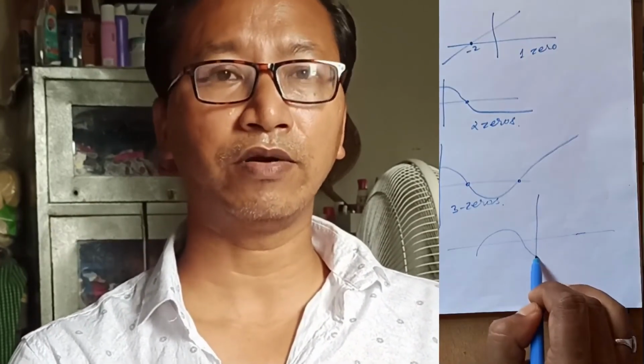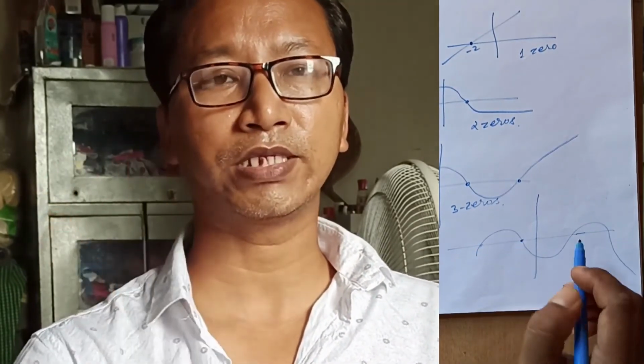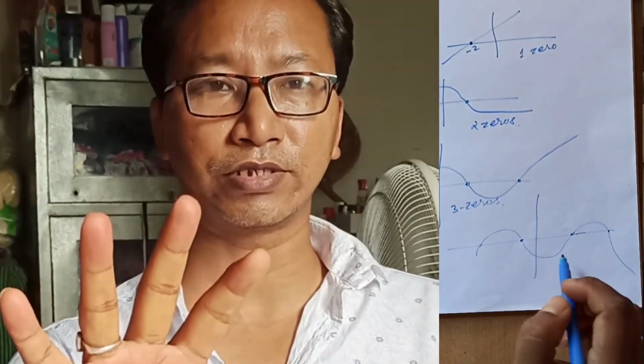If the curve intersects the x-axis at 4 different points, then there will be 4 zeros. Okay, like that. So that is the geometrical meaning of zeros of a polynomial, that the number of intersecting points with the x-axis by the curve is the number of zeros of the polynomial.